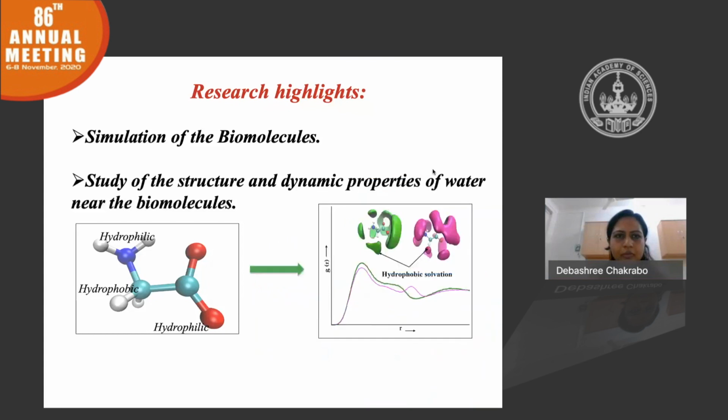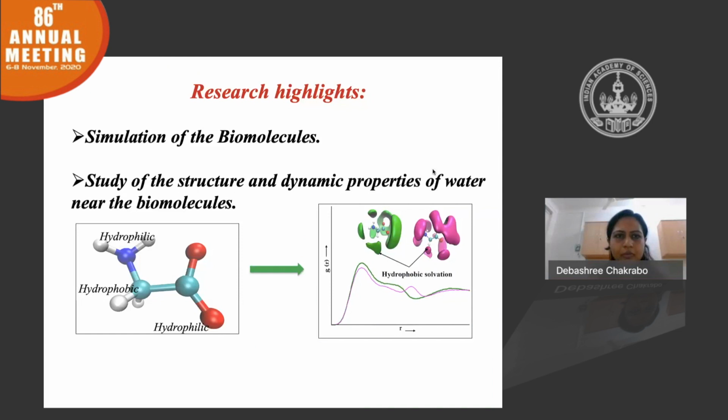What I mean by low density is that if the water is less than 4 coordinated, then we generally say it is low density water. But if some interstitial water molecules are present between the first and the second shell of the water, then we say it is high density water.